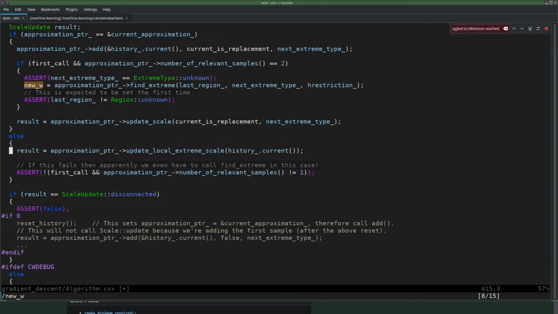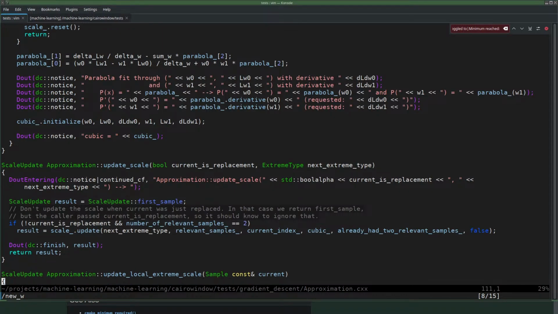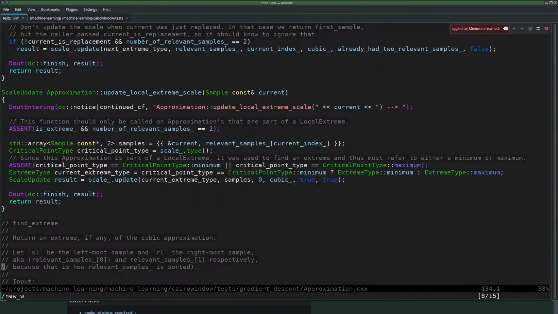And then we call update local extreme scale. Let's call this scale update.